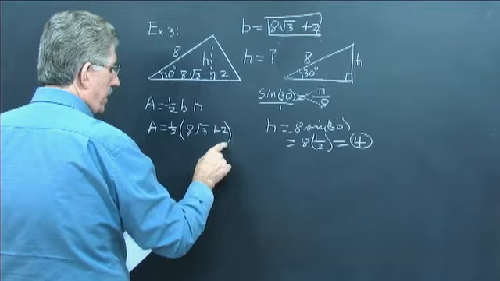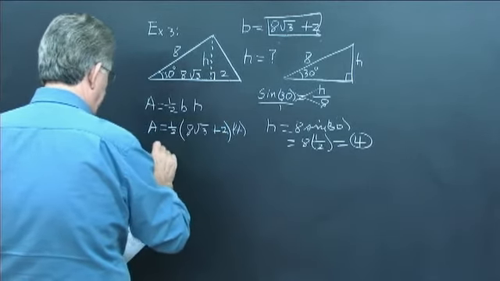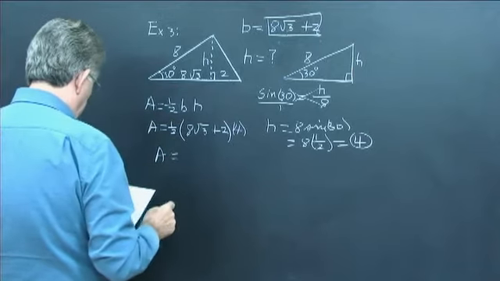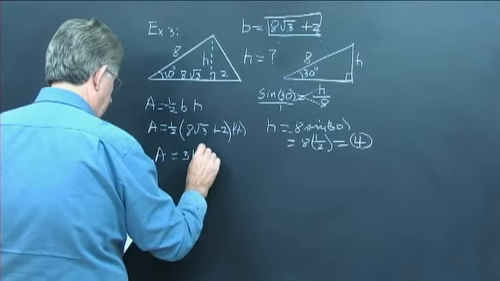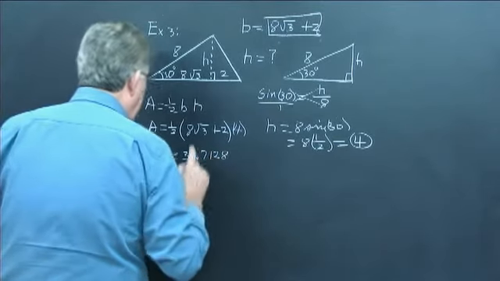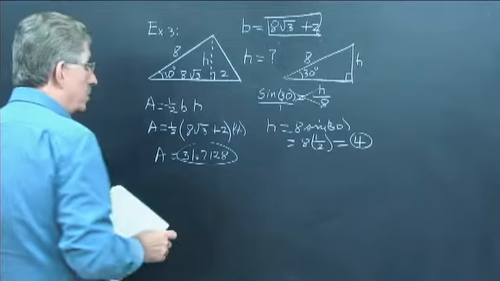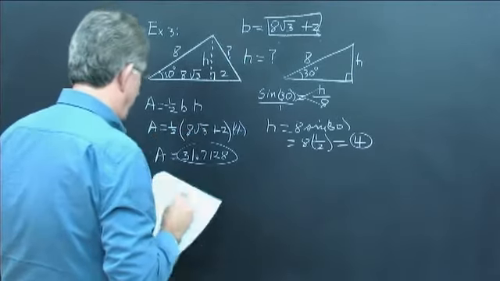And the height is 4. And when multiplied out, all of that is going to give us 31.7128.